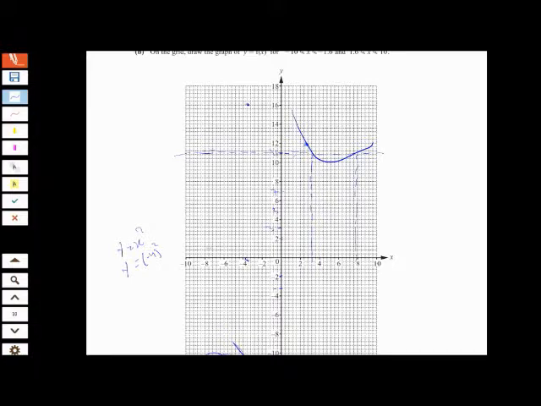Again, negative 2: substitute in this equation to find the value of y, and the value of y would be 4. So negative 2, 4 is somewhere here, and now 0. If you substitute 0, it's going to be 0 on both sides, so the center is 0. And now 2, same thing, it's going to be here, and 4 is going to be 16 again. And you draw this curve right here.